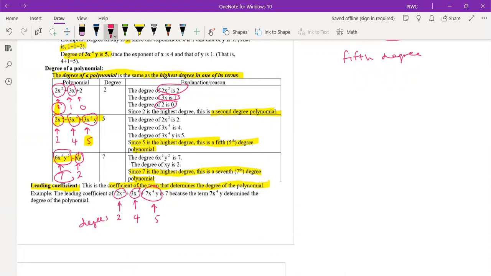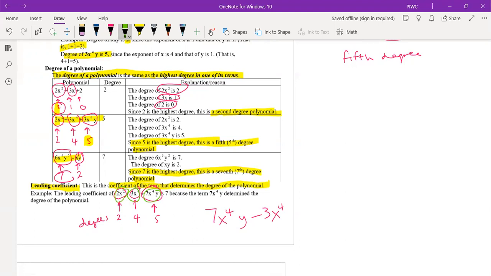So since 5 is the highest degree here, in the standard form we're going to write this as 7x to the power 4y first, followed by degree 4, which is this one, the minus 3x^4, and then the lowest degree, which is 2.